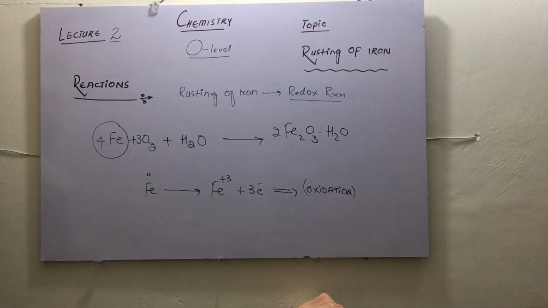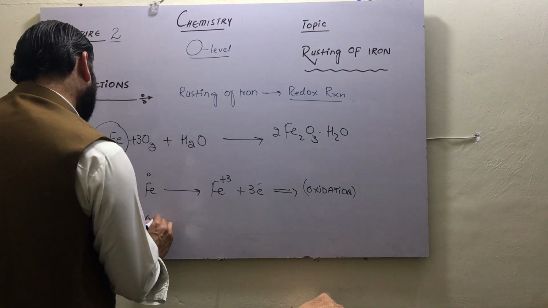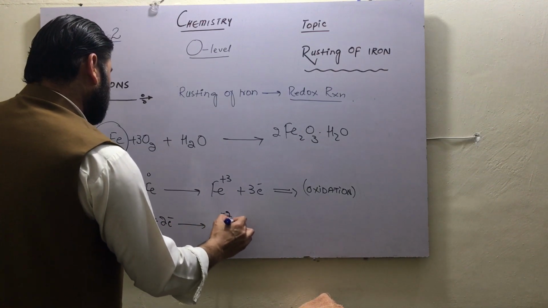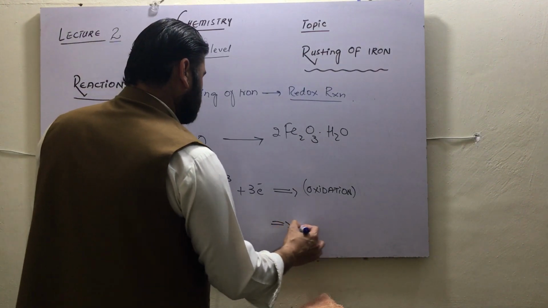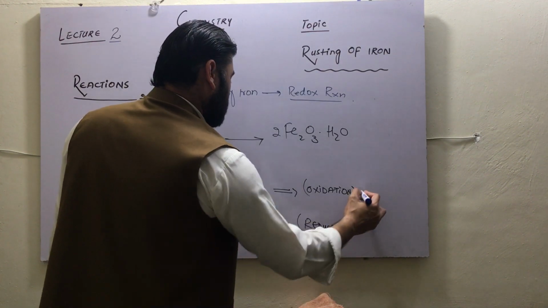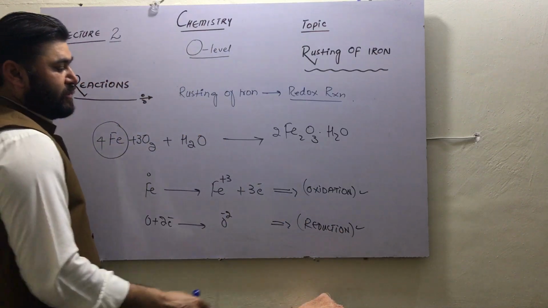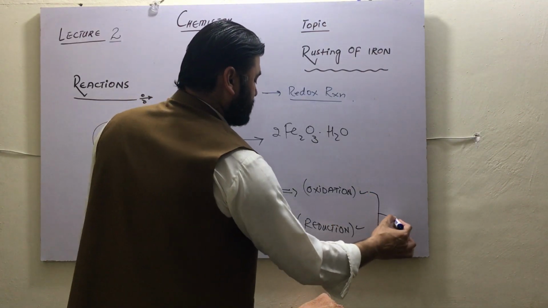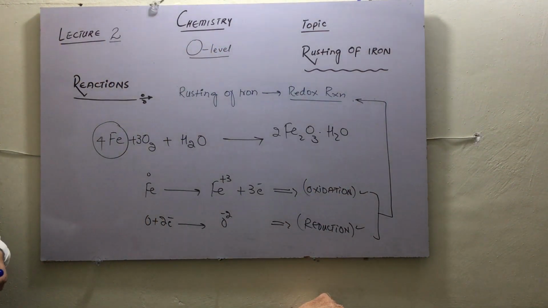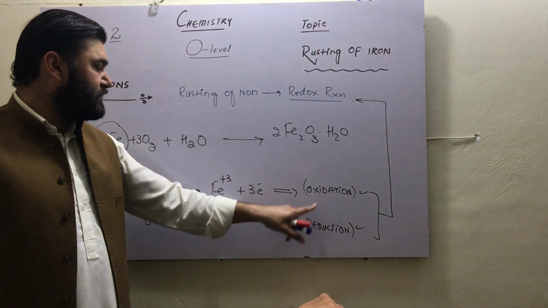And of course, whenever there is loss of electrons, there will be gain of electrons. So these electrons will be gained by oxygen. That is very important. Oxygen gains these electrons. 2 electrons are gained by oxygen, so it forms O2-, and this is called reduction. When oxidation and reduction take place together, they are called a redox reaction. Redox reaction is a reaction in which oxidation and reduction both take place.